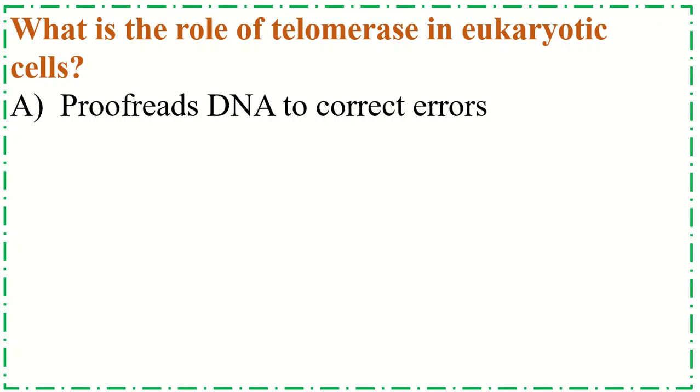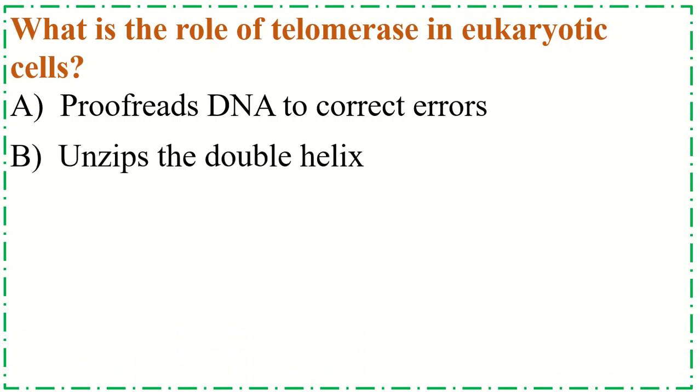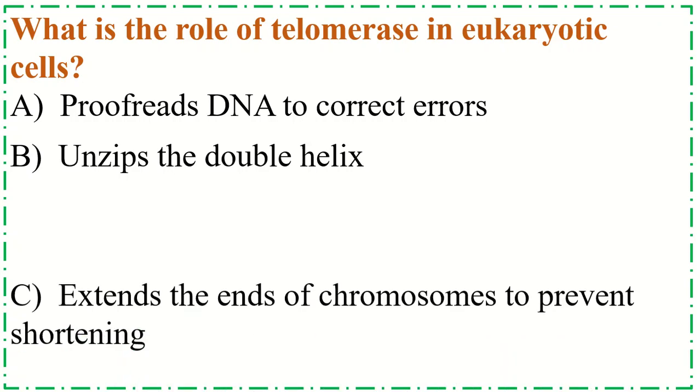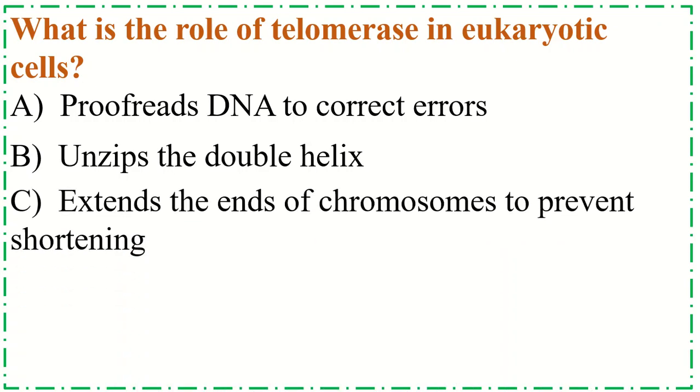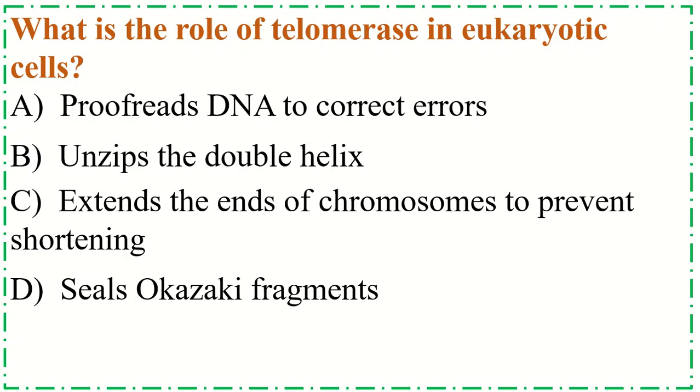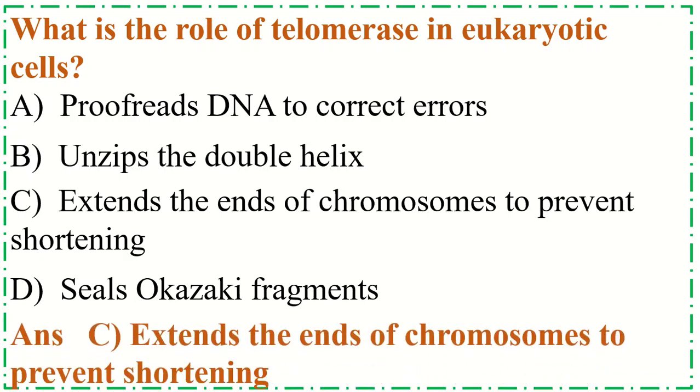Option A, proofreads DNA to correct errors, B, unzips the double helix, C, extends the end of the chromosomes to prevent shortening, D, seals Okazaki fragments. Correct option is C, extends the end of the chromosome to prevent shortening.